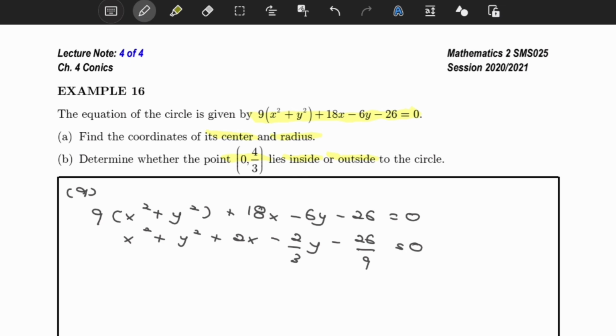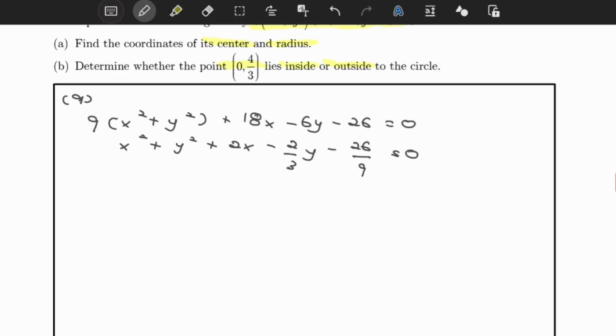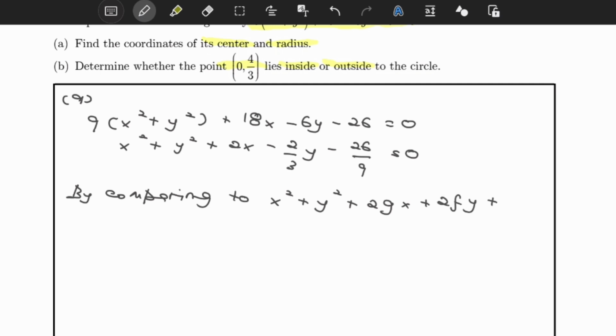So next, we are going to compare this equation with the general equation of the circle. So let's write it down. By comparing to x squared plus y squared plus 2gx plus 2fy plus c equals 0.